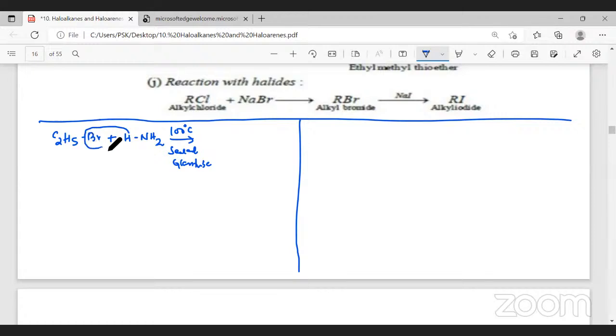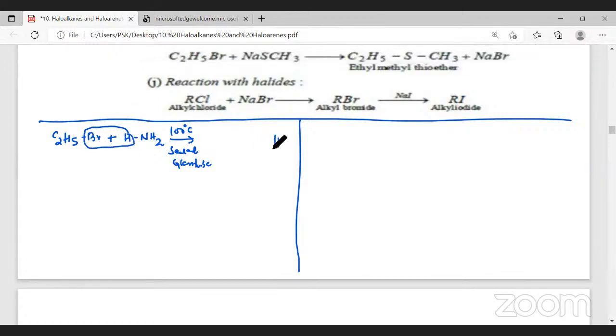H and Br get eliminated as HBr. In place of H, C2H5 goes. Therefore, you get C2H5NH2.